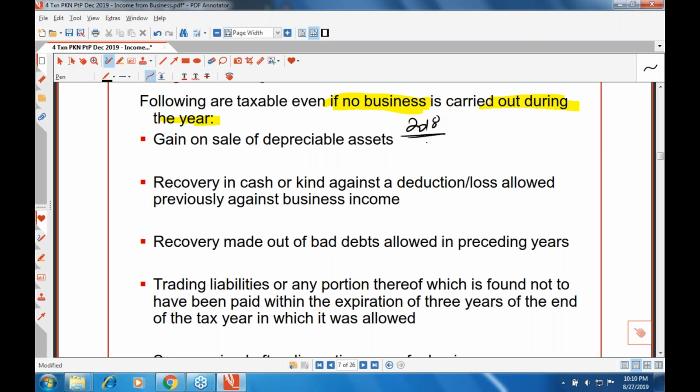Now, although you were not conducting the business in 2020, that plant still pertained to your business. And if you have got a gain on disposal, or even a loss on disposal, that is going to be taxable in the year in which you sell it. Why? Because although you were not conducting the business, this was still a business asset and it's going to be taxed accordingly.